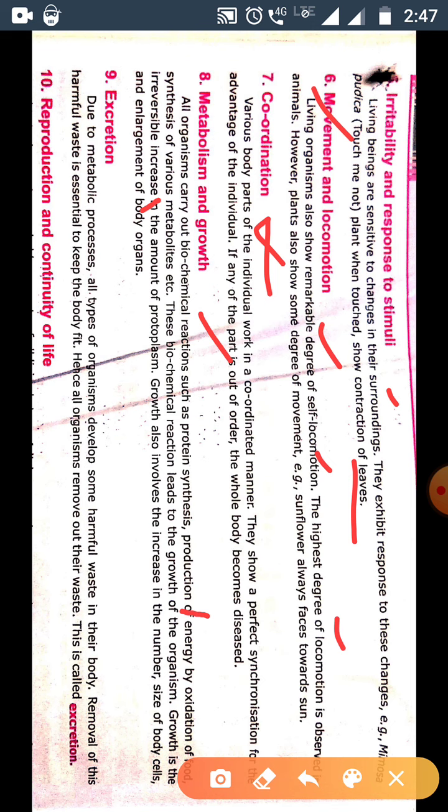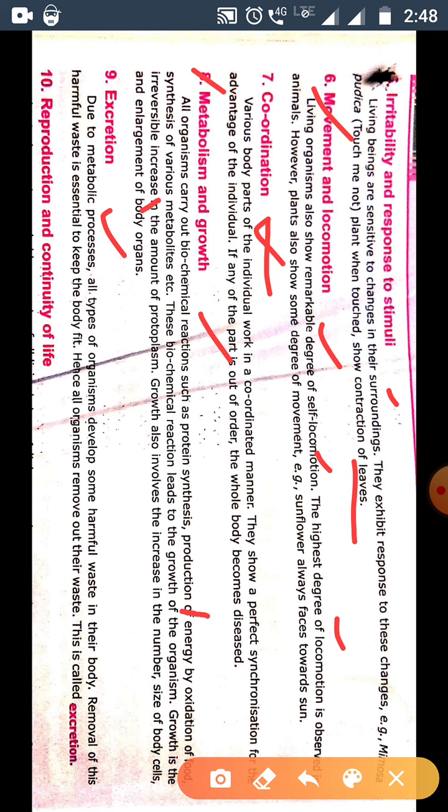Okay, next one is excretion. That will be discussed in this heading. You know that after the metabolic process, various waste materials are produced in the body cells that are harmful to the body.